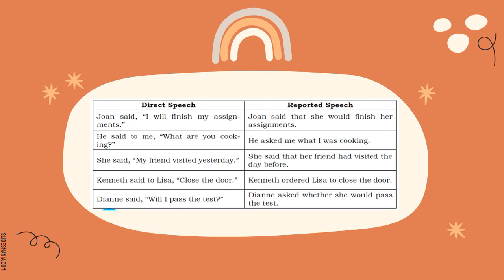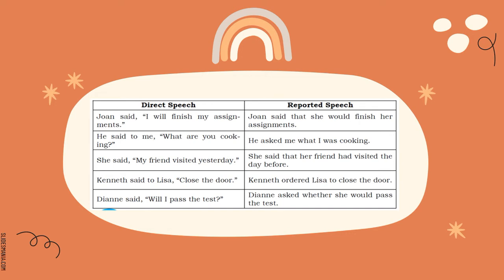Say, for example, for the direct speech, we have here: Joanne said, comma, open quotation mark, I will finish my assignments, period, close quotation mark. However, when it comes to the reported speech, it goes like this: John said that she would finish her assignments. So what have you noticed between the direct speech and the reported speech?